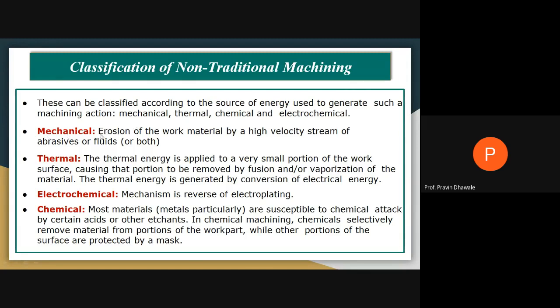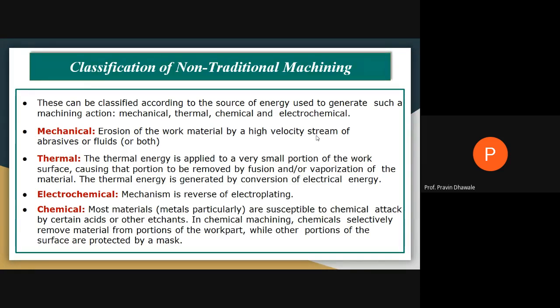Means, if you are classifying non-traditional machining processes based on mechanical energy, material is removed by the erosion of the work material, and it happens because of a high velocity stream of abrasive or fluid. It impinges, impacts, or strikes on the surface of the workpiece.